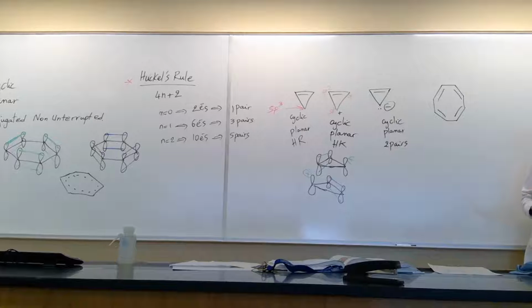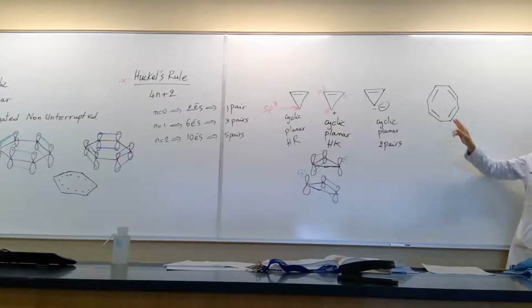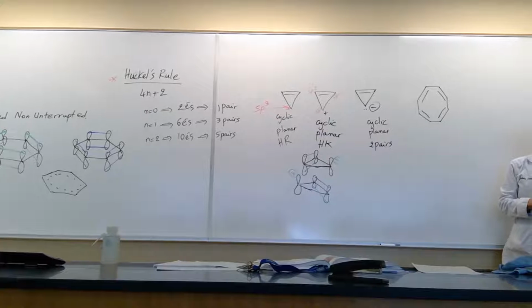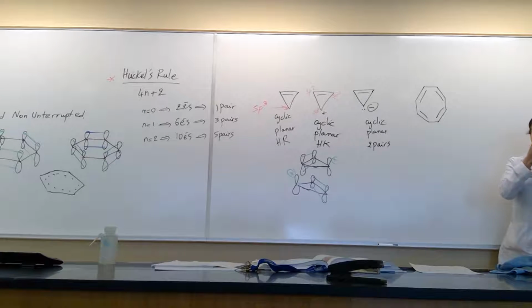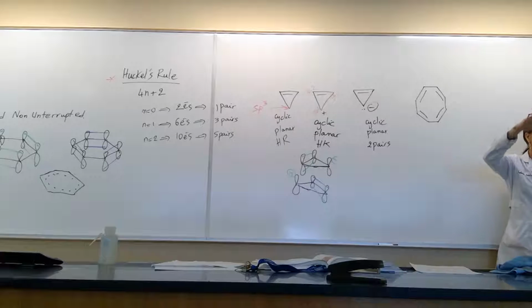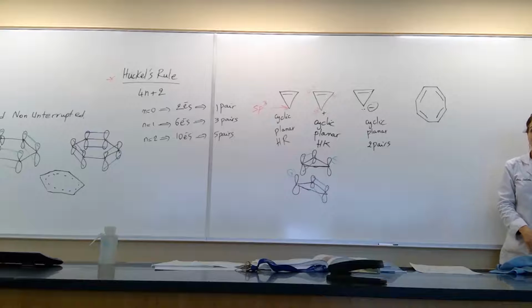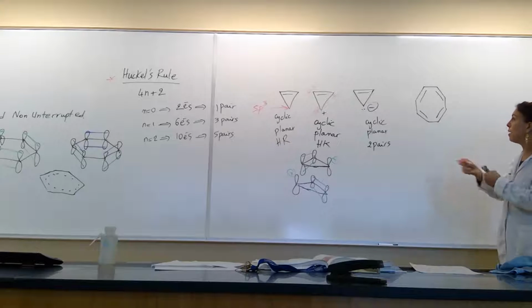They can totally switch around. But what's the problem with this? 4 pairs. Now, why is that? The minute you put 4 pairs, this is no longer planar. It becomes kind of like in 2 steps. It switches up and down, up and down. So this is not aromatic.